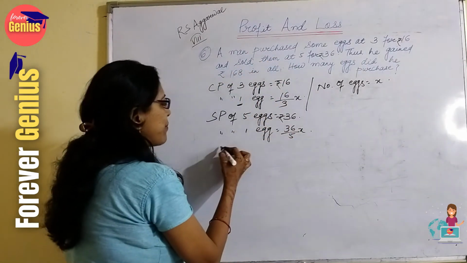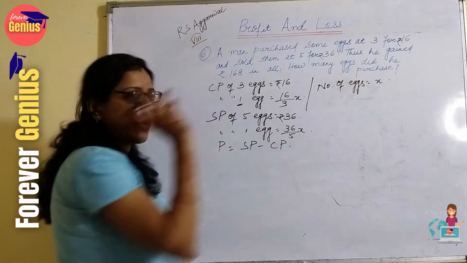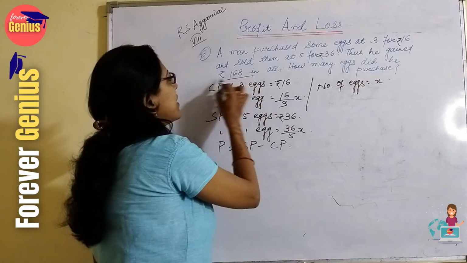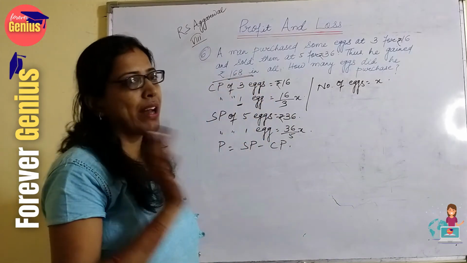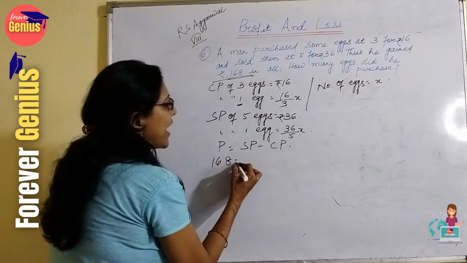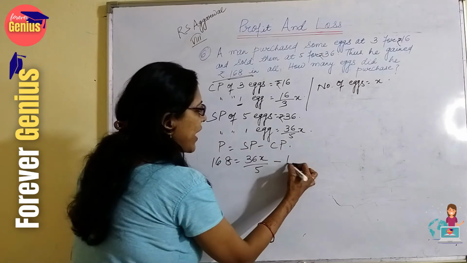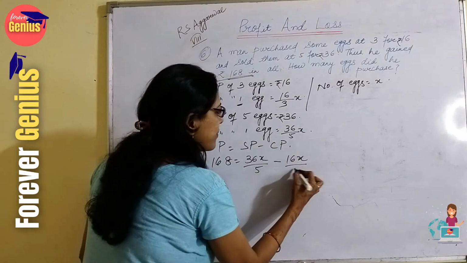So what is my profit? Profit is always selling price minus cost price, because it is already given in the question that there is a gain of 168 rupees. So 168 is equal to this, in the other way.